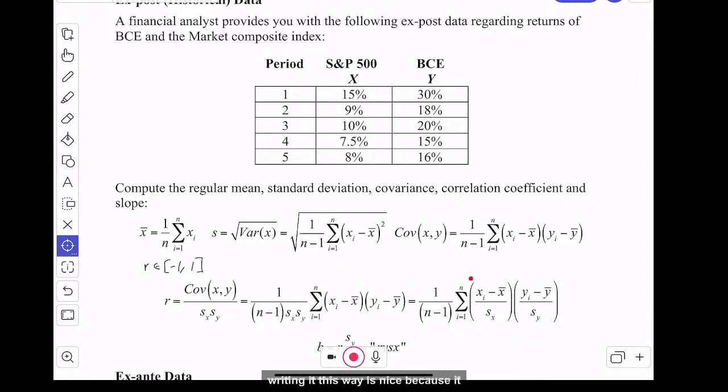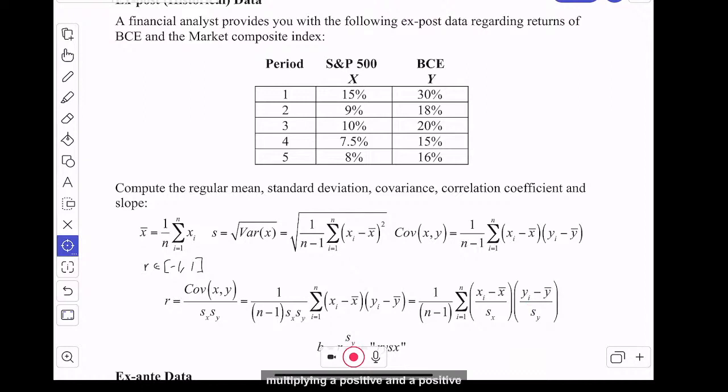And then I just wrote it a couple of different ways, but these are all essentially the same. Writing it this way is nice because it shows you that all we're doing is standardizing the values and converting this into an average of this multiple, which becomes positive if the trend is the same with X as Y, and if it's opposite, the trend will be negative because of this multiplication.